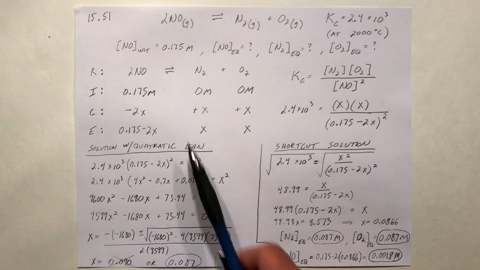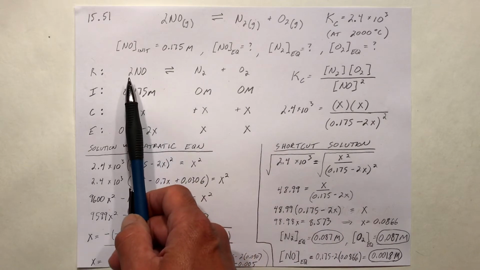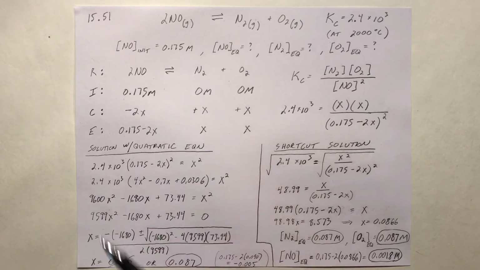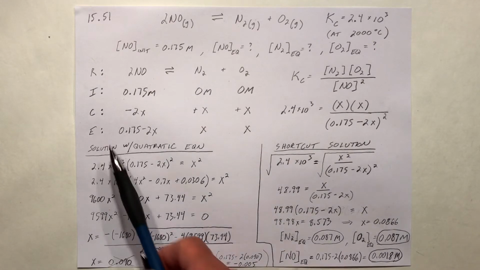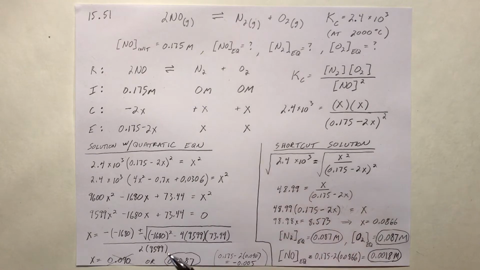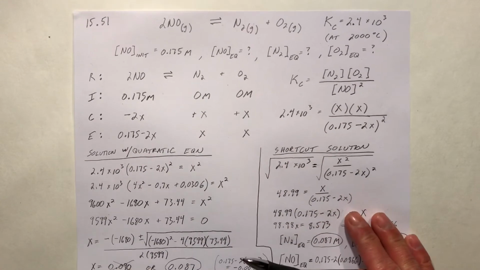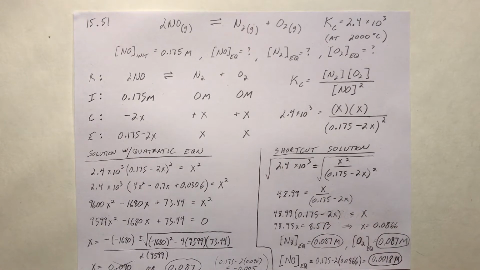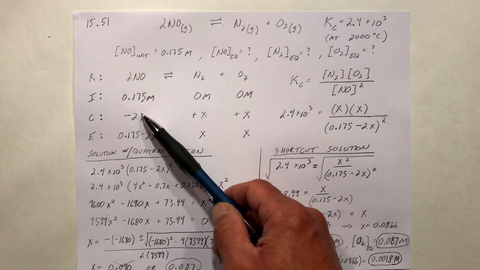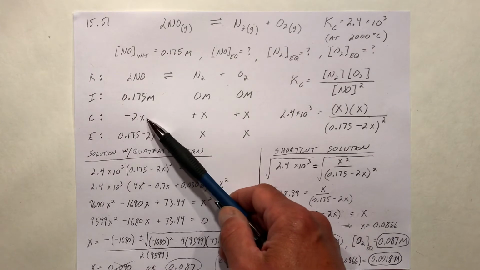Now, the stoichiometric relationship, 2 to 1 to 1 of the chemicals, is what tells us how the change is going to go. So we have 2x to 1x to 1x for the change as we progress towards equilibrium. Since we have some of this chemical to start with, that's going to diminish, so it's going to be minus 2x.